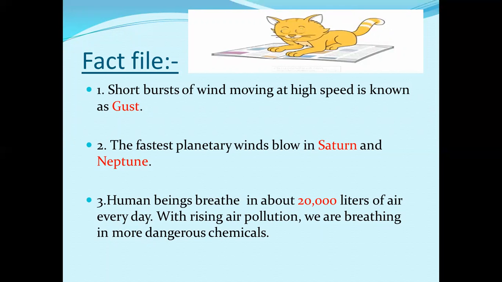These are planets, so in Saturn and Neptune, the fastest planetary winds blow. Human beings breathe in about 20,000 liters of air every day. With rising air pollution, we are breathing in more and more dangerous chemicals.